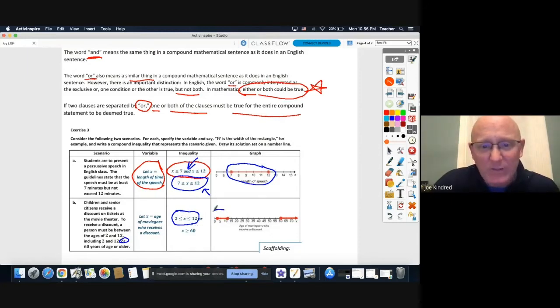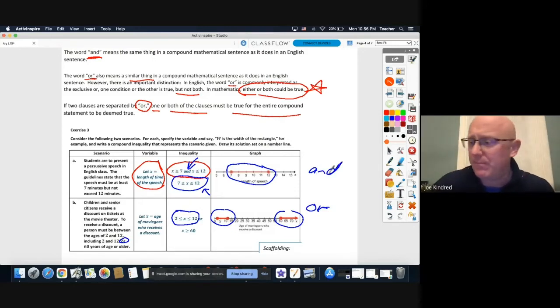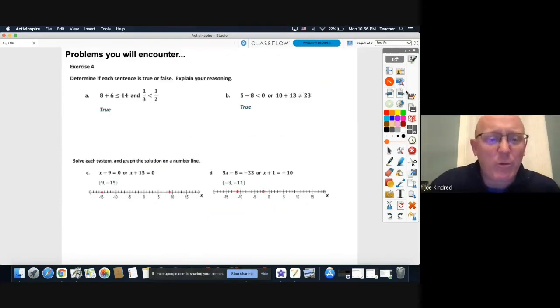So here's your first consideration: between ages 2 and 12, or greater than or equal to 60. And look at the distinction in the graph. So in the or statements, your graphs are generally going to look like this. And in the and statements, your graphs are generally going to look like this. Okay. If you go to the next slide, we're almost done.